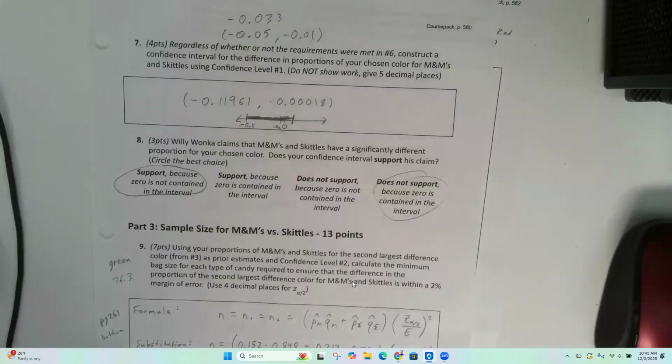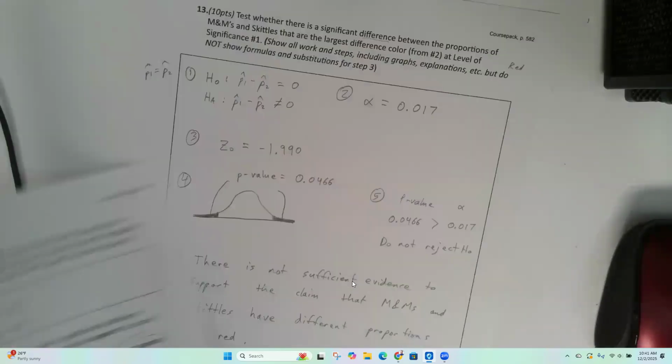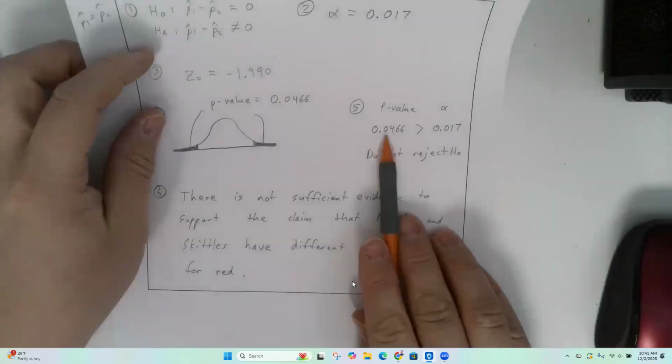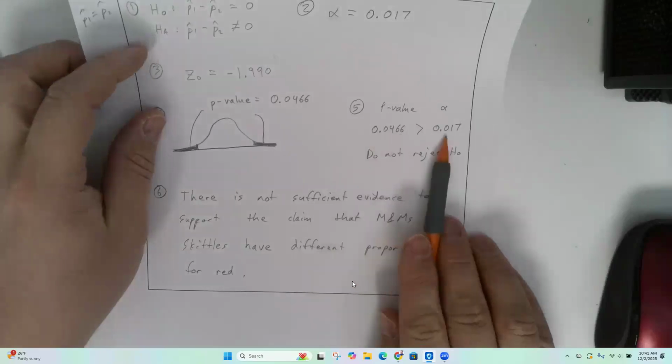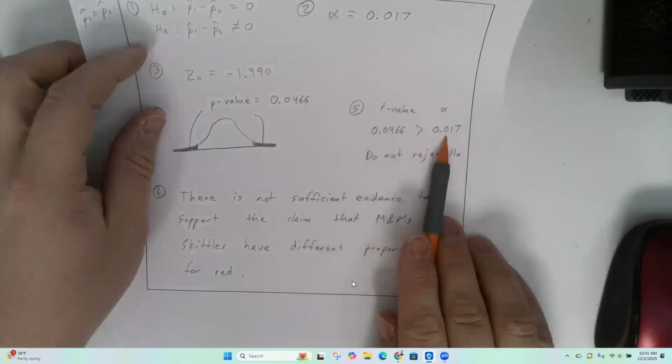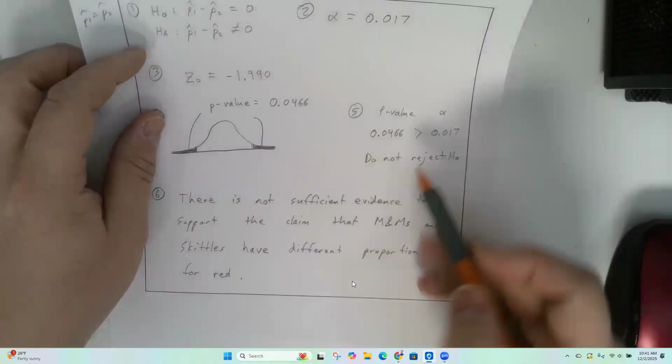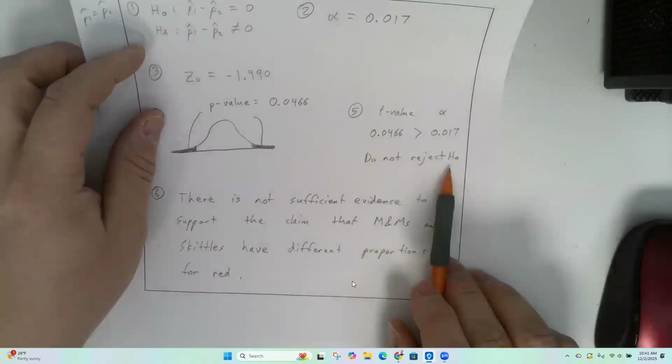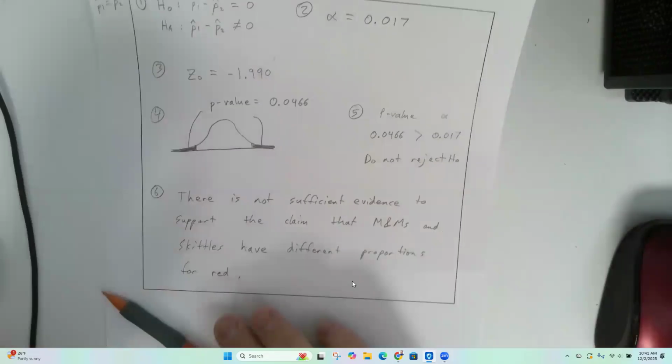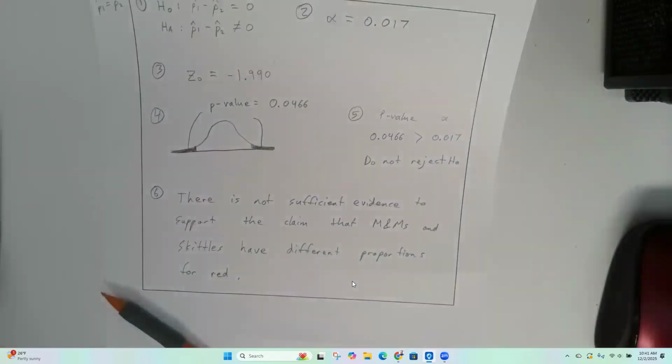My p-value was 4%, 5%. If my alpha had been much higher, this would have been less, and then I would have been able to reject the null hypothesis. But I also would have been at risk of making a type 1 error, or at least more of it.